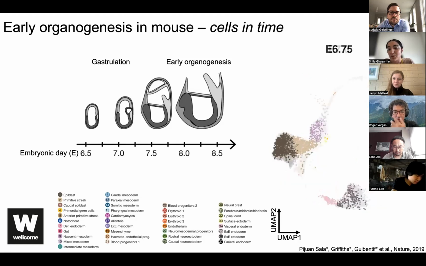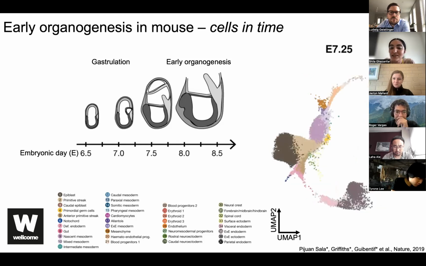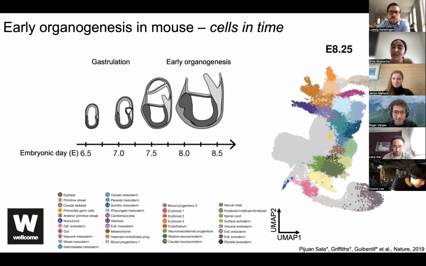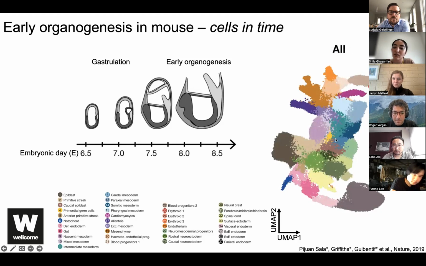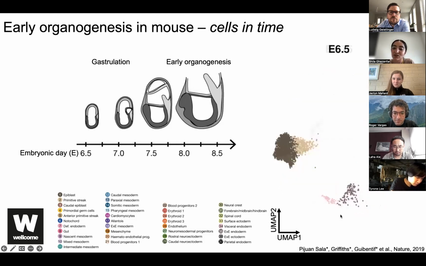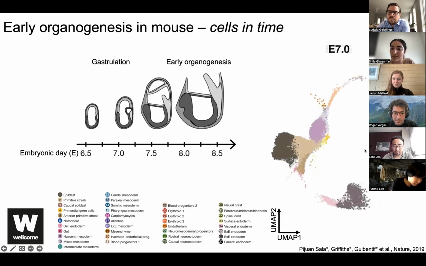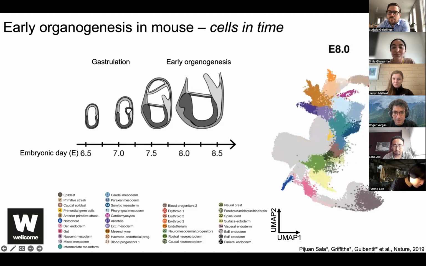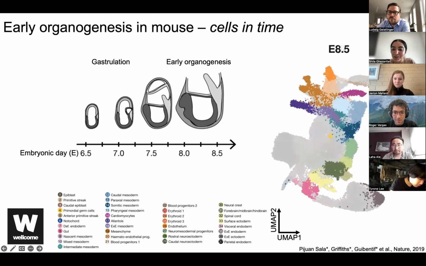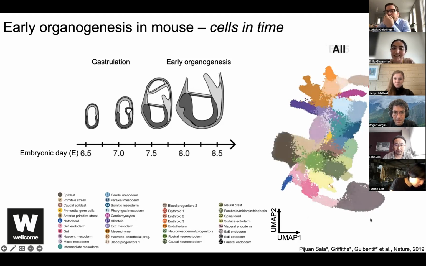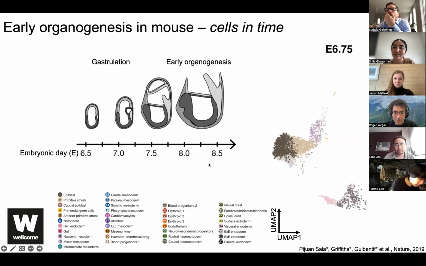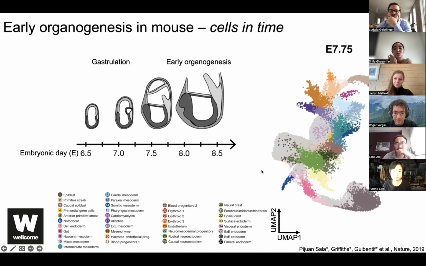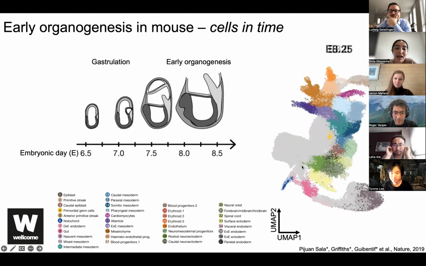What we can see is a massive diversification of the cell types that are emerging, and quite a lot of variation in the gene expression profiles across this time. But the thing to remember is that this UMAP representation doesn't necessarily reflect what's going on in terms of space itself. So this is where my postdoc project came in.